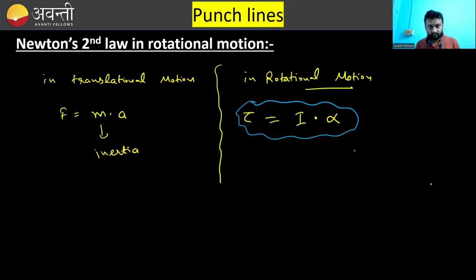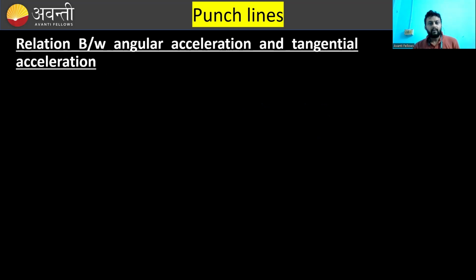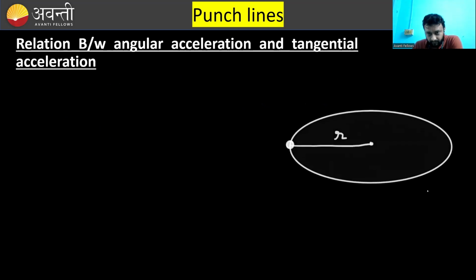Moving further. Now, one more thing, you can consider it a punchline. It is about the previous chapter, the formula related to the previous chapter, so I'm just recalling it to you: the relation between angular acceleration and tangential acceleration. Now have a look at that.